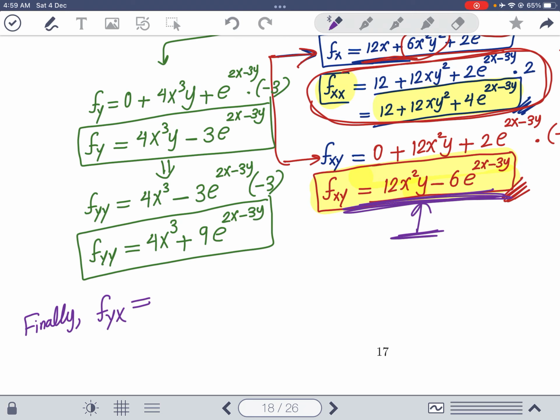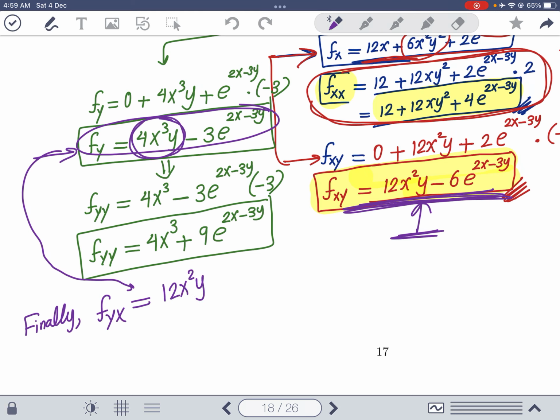fyx means do fy, which you did already here, and now do this with respect to x. It will be 12x squared y, the derivative of this with respect to x. Remember, the y is a constant with respect to x. Don't forget it, it has to be there. Minus 3, copy paste e to the 2x minus 3y, times the derivative of the exponent, which is 2.